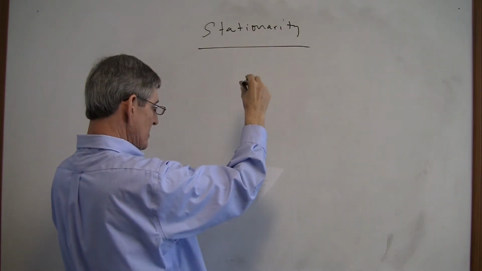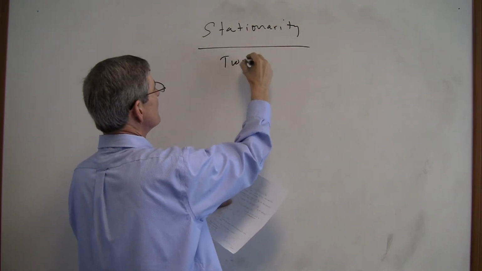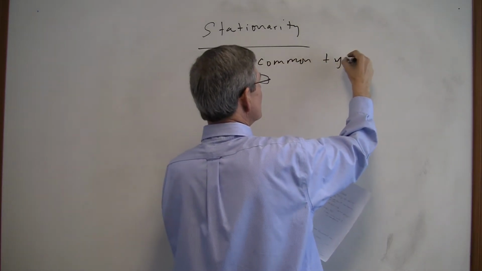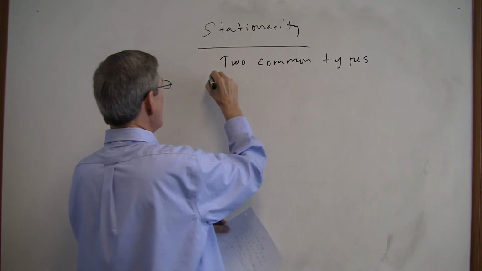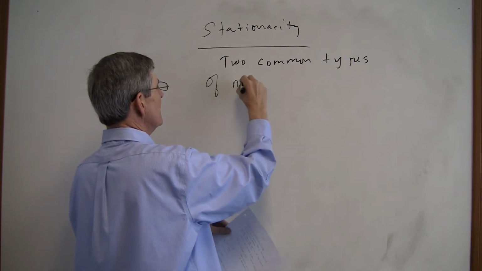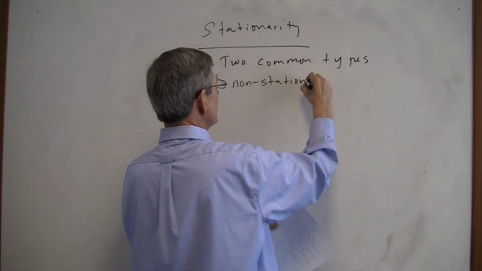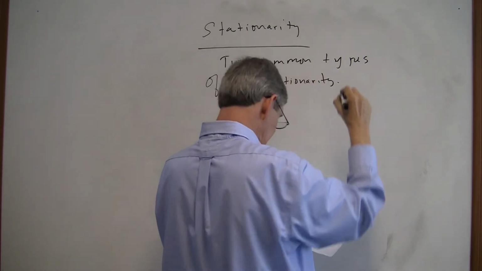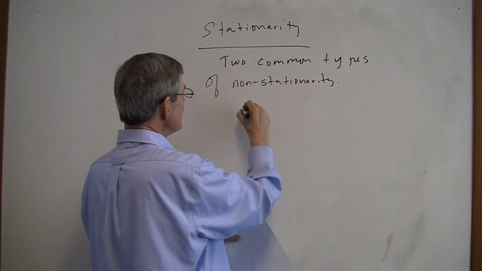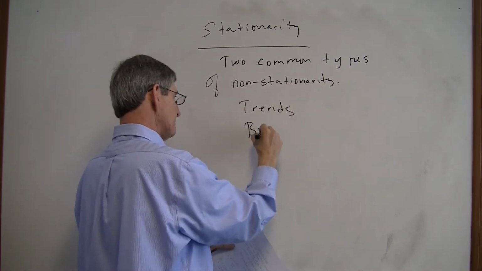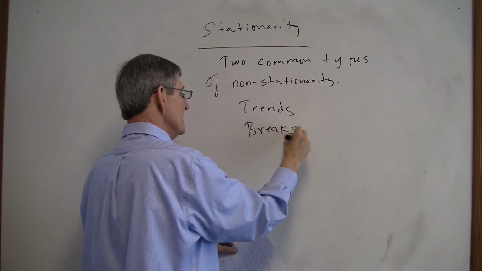There's two common types of non-stationarity. Trends, which we'll deal with first, and breaks, which we'll deal with secondly.